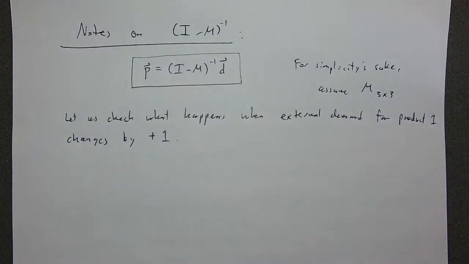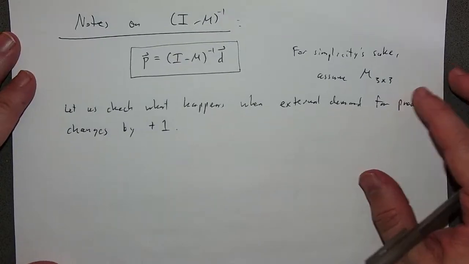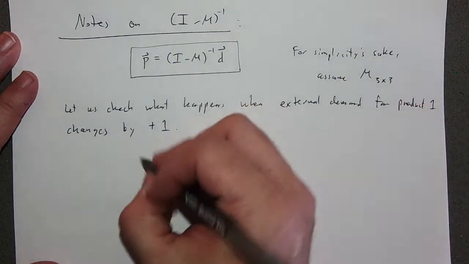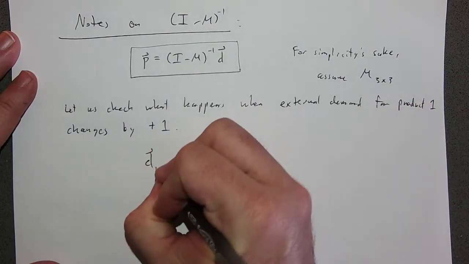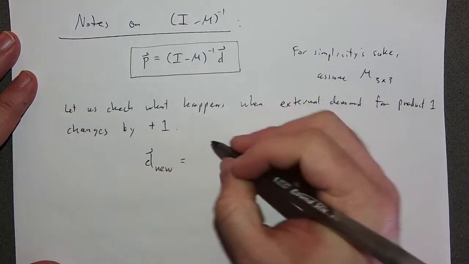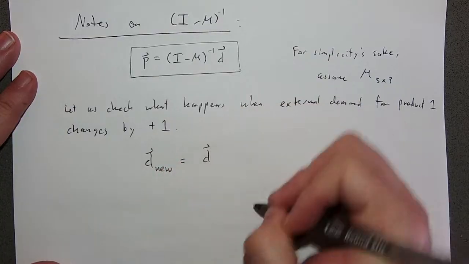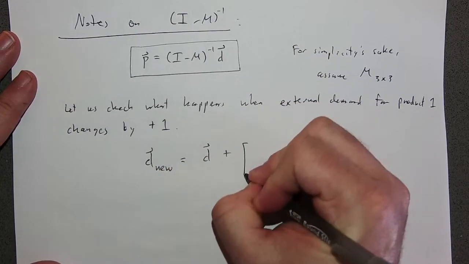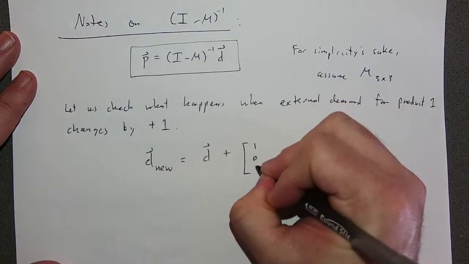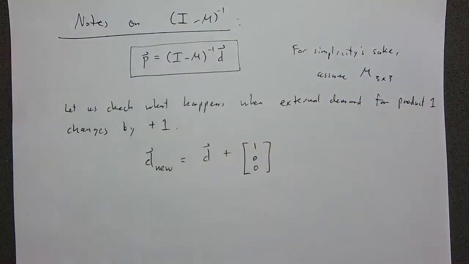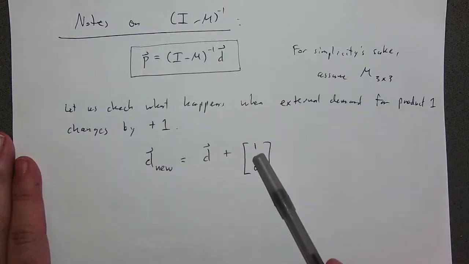Okay. So the new external demand is the old external demand plus the vector 1, 0, 0, just to show that we have incremented the demand for product 1 by 1 unit.